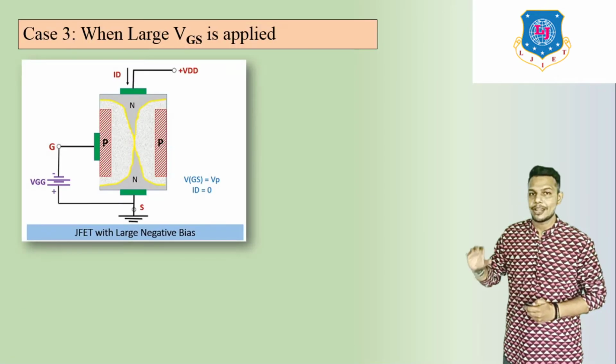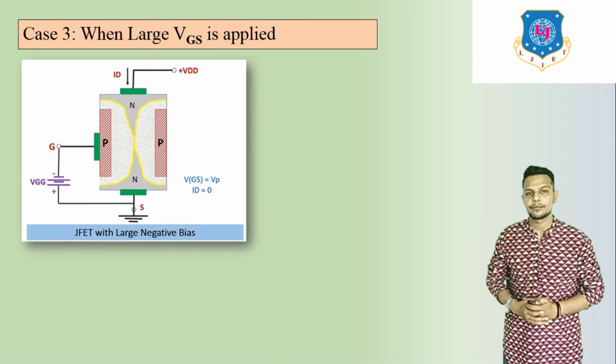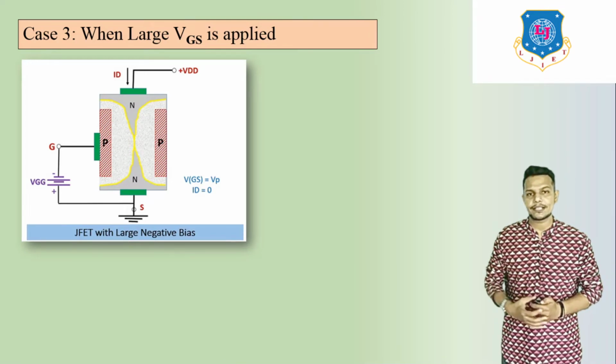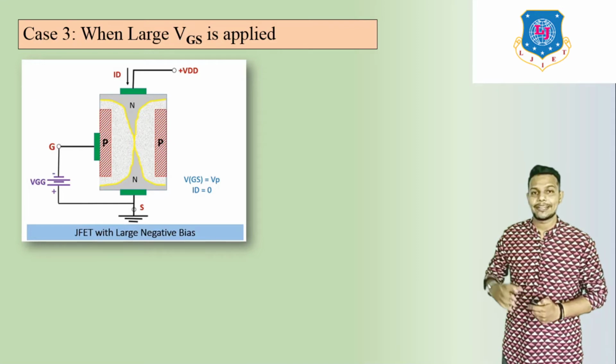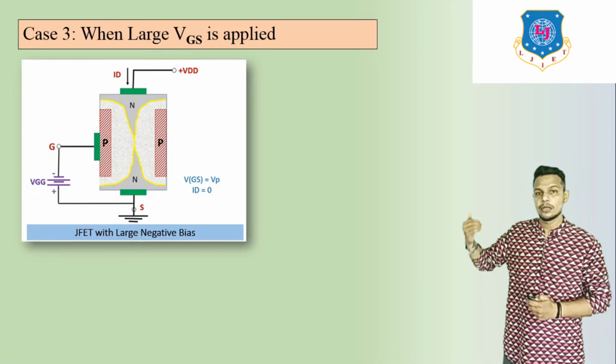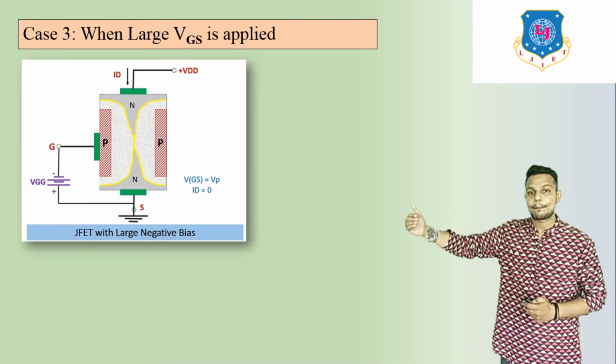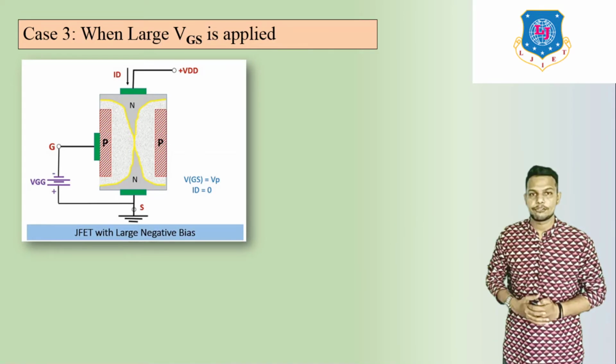Now let us discuss case number 3. When large VGS is applied, that means if we apply more VGS here, your depletion region on the other side touches the depletion region of the front side.